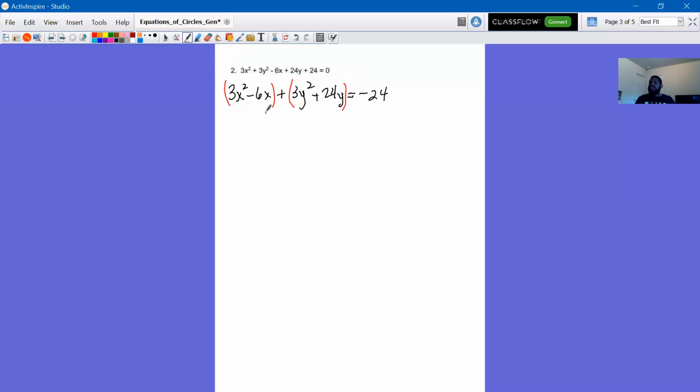And so now I need to factor out the 3. I'm sorry, I didn't factor out the 3, so you need to make sure you factor out that 3. So it's 3 times (x squared minus 2x plus blank) plus 3 times (y squared plus 8y plus blank) equals negative 24 plus 3 times blank plus 3 times blank.